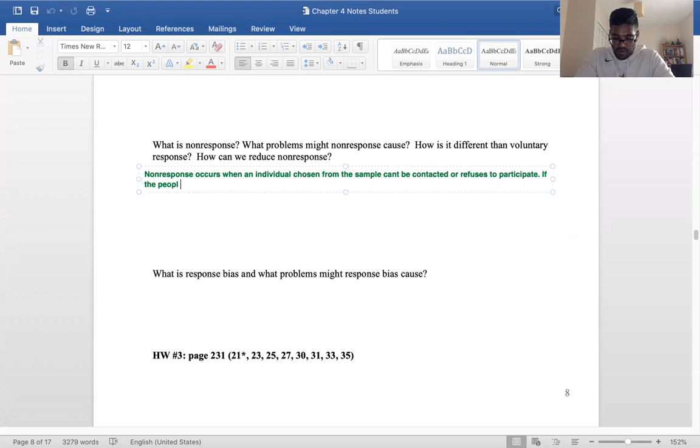If the people who respond differ from those that do not, in a way that is related to the response, we can get biased results.